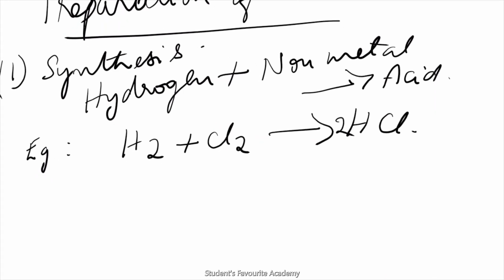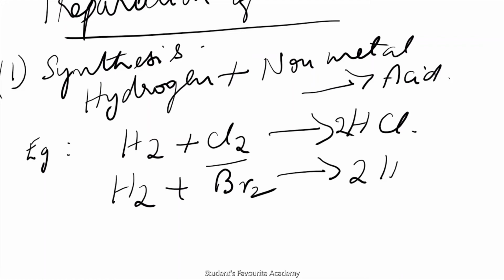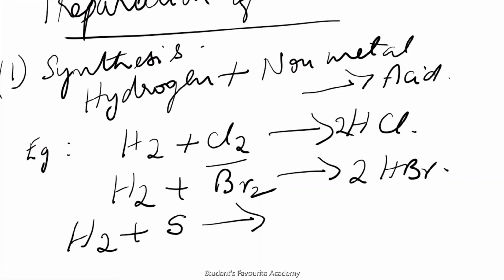Okay, so here hydrogen, chlorine is a non-metal, they combine to give hydrogen chloride acid. Similarly, hydrogen plus bromine gives hydrobromic acid. Okay, similarly hydrogen plus sulfur gives H2S, which is also acidic.